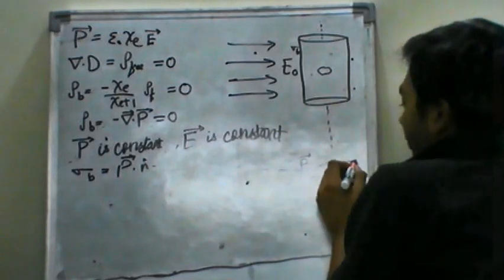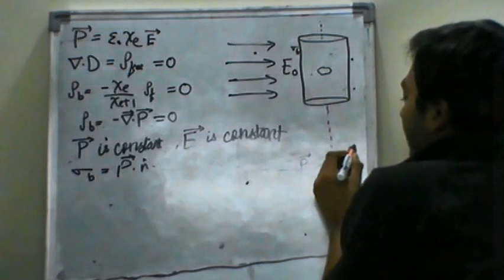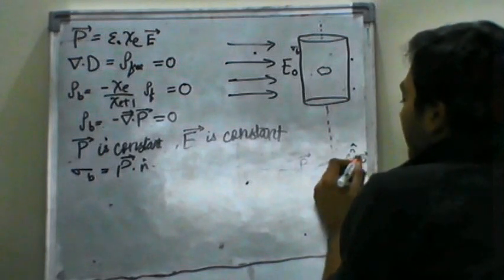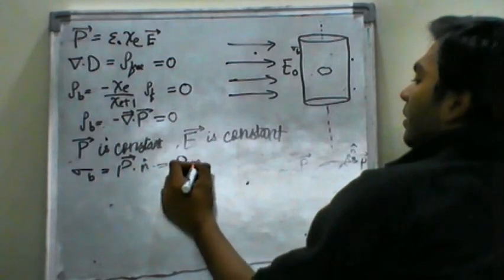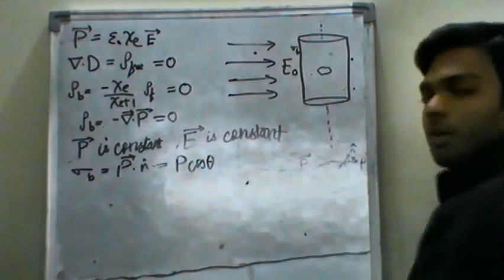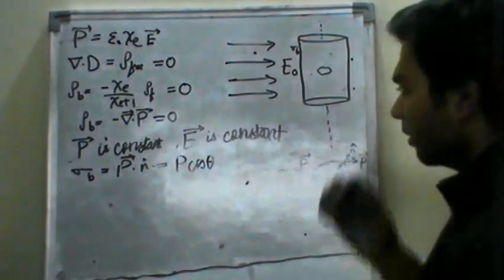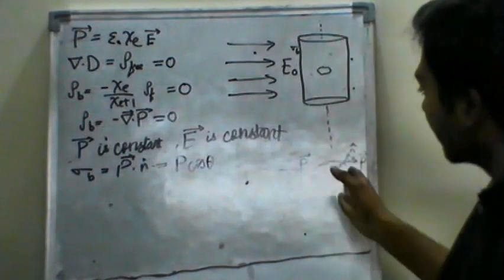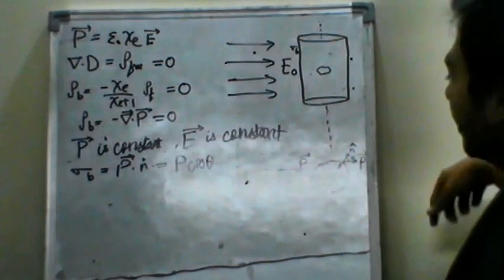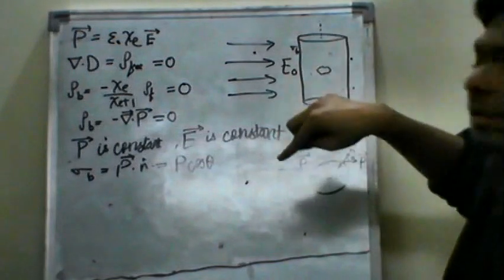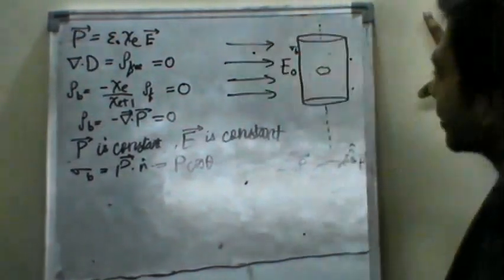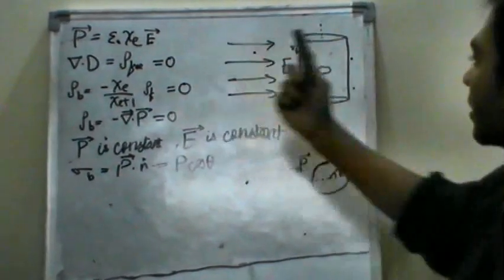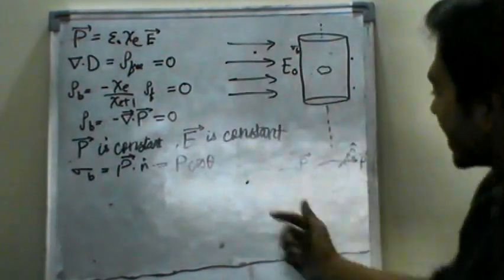So this will be n cap and this will be vector P, this angle being theta. So P dot n cap is just P cos theta, right? So the bound charge which comes on the surface will vary with theta. Note that it does not change along the length because this is infinite and it's constant like this, but it varies along this circle. So it varies with theta.